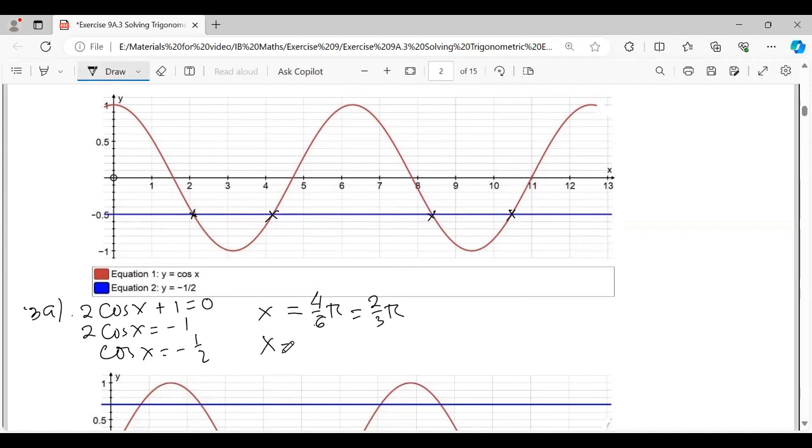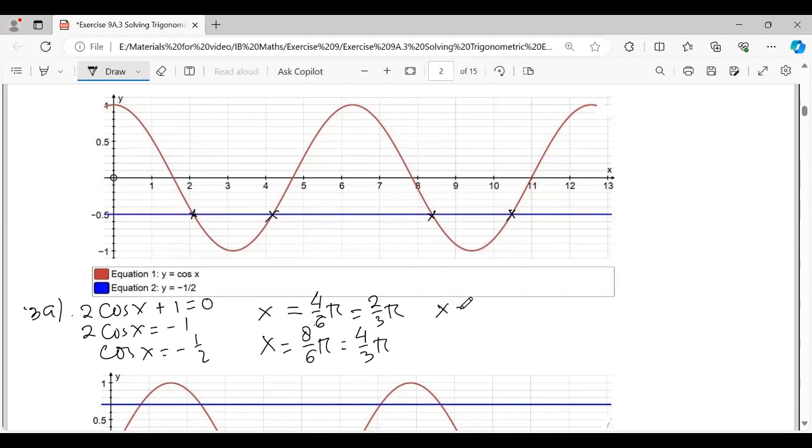So x equals 8 over 6 pi, or we may simplify, becomes 4/3 pi. Okay. So this is 2/3 pi. This is 4/3 pi.